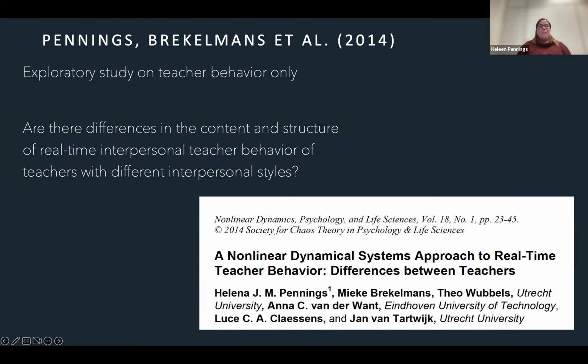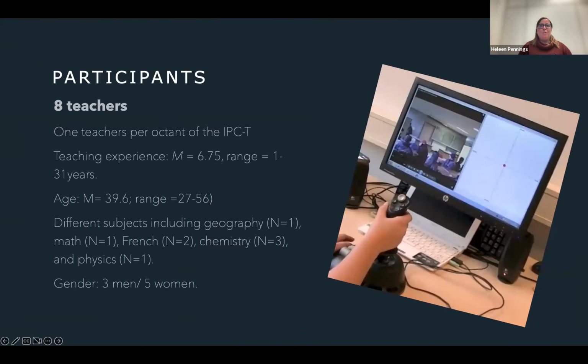And we were just wondering what are differences in content and structure, and how does it differ for teachers with different interpersonal styles. So we use this joystick method. We compared 8 teachers, 1 teacher per octant. So we didn't have the 9th interpersonal style at that time. So there's just 8.